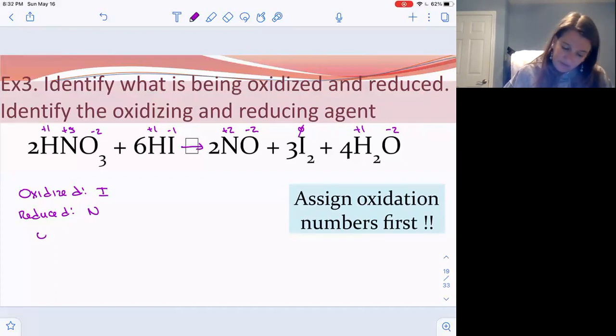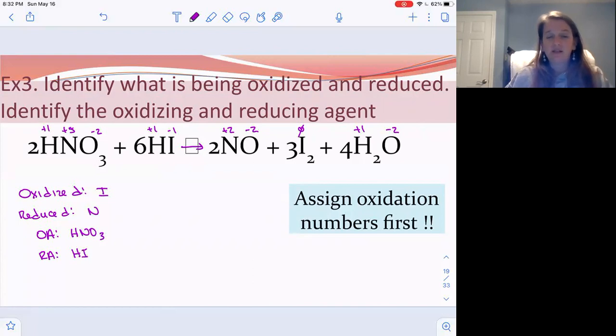But now that I'm going to identify the oxidizing agent, I'm going to put the whole compound. So the oxidizing agent is the reactant which has the reduced substance. So this is going to be HNO3. I'm going to put that whole compound because the HNO3 caused the oxidation. The reducing agent is going to be the HI because it has the substance that was oxidized. It caused the reduction. Okay?